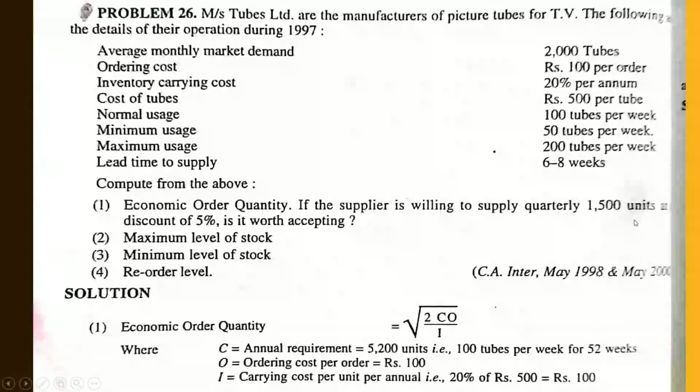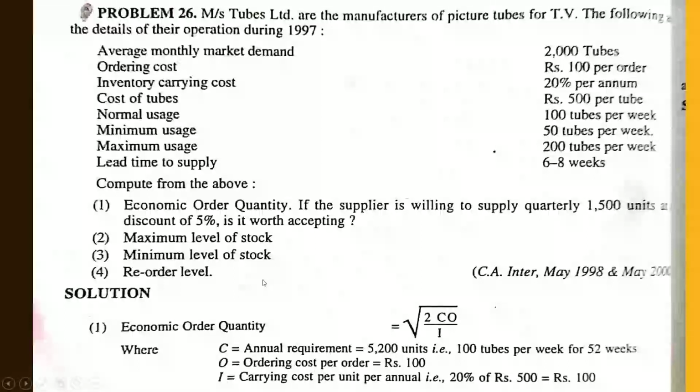But here a discount is given. That means from the cost of the tube, we should first deduct the 5%. The discounting factor is to be deducted. Now compare the economic order quantity with the 1,500 units. If at 1,500 the total cost is more, then we should reject it. If it is low, then we should accept it. Then maximum stock level, minimum stock level, then reordering level.